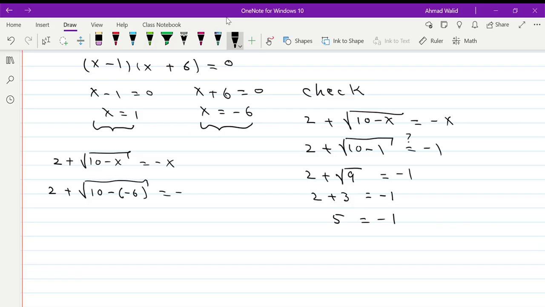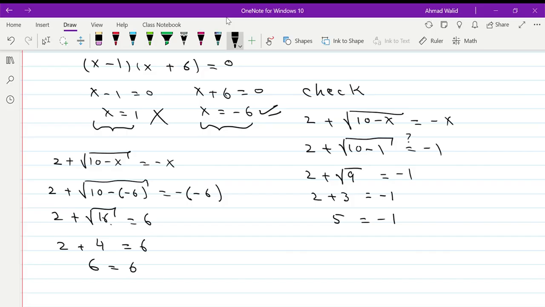Here I have to plug in my number, negative 6. 2 plus the square root of 10 plus 6 gives you 16 equals positive 6. 2 plus the square root of 16 is 4 equals 6. 6 is equal to 6. Then I checked. This one is the answer. This one is not the answer.